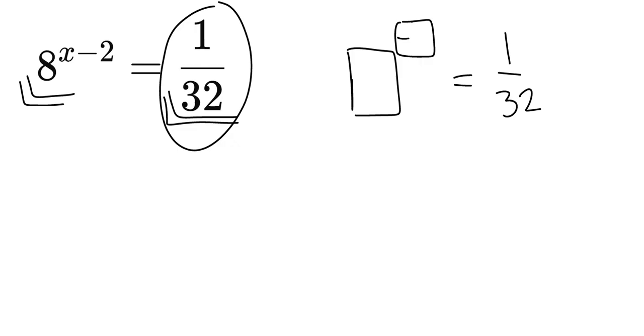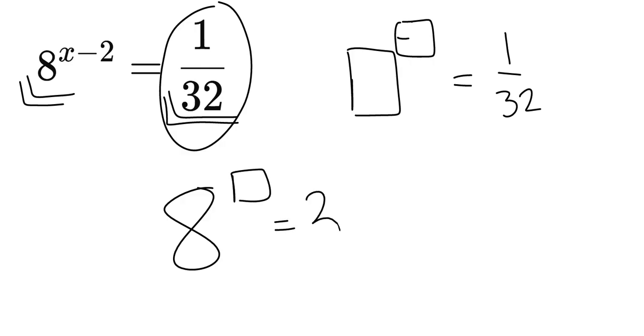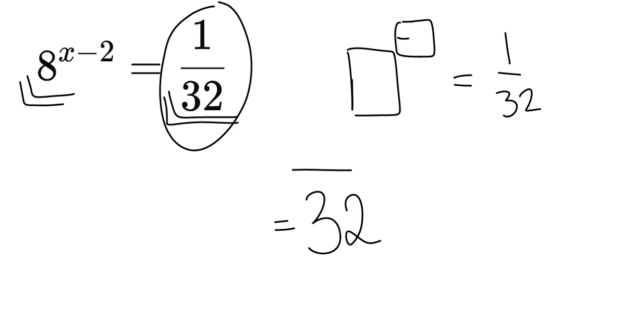On the right side, can we make it 8 as well? Can I say 8 to the power of something is equal to 32 or 1 over 32? Nope, we cannot. So what we need to do is, let us make the same base on the left side and on the right side.